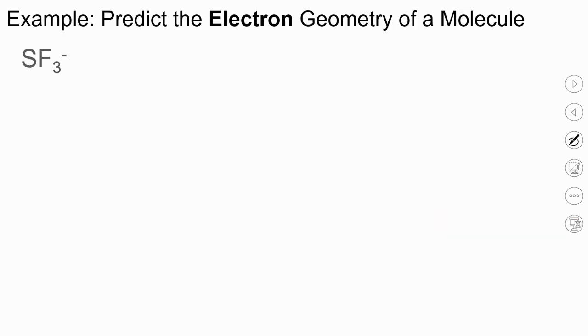So let's go ahead and draw this one. We have sulfur trifluoride. It's a negative ion. Go ahead and draw the Lewis dot diagram. Decide on the molecular shape. Oh, electron geometry. It says electron geometry. You write down the Lewis dot structure.